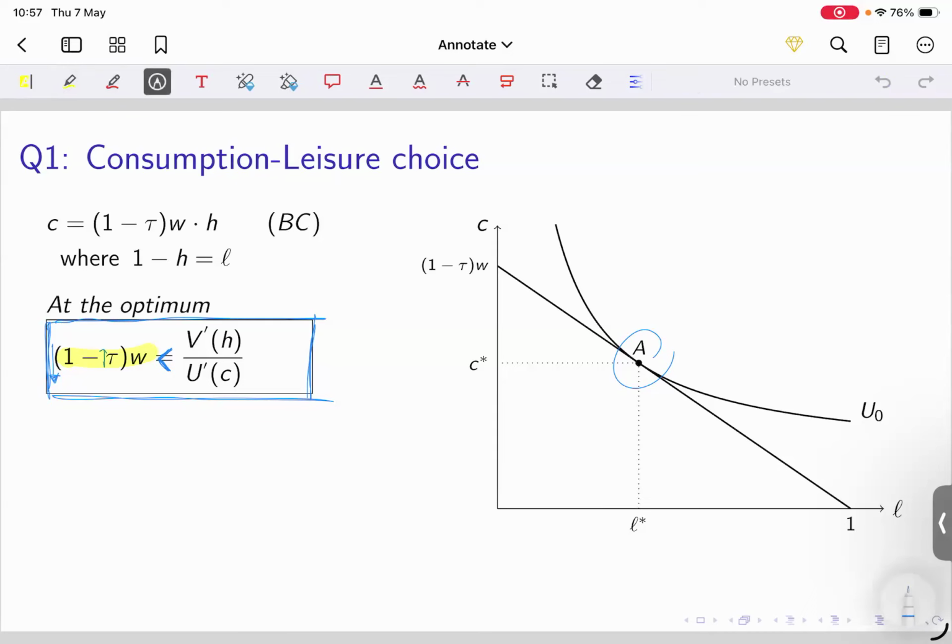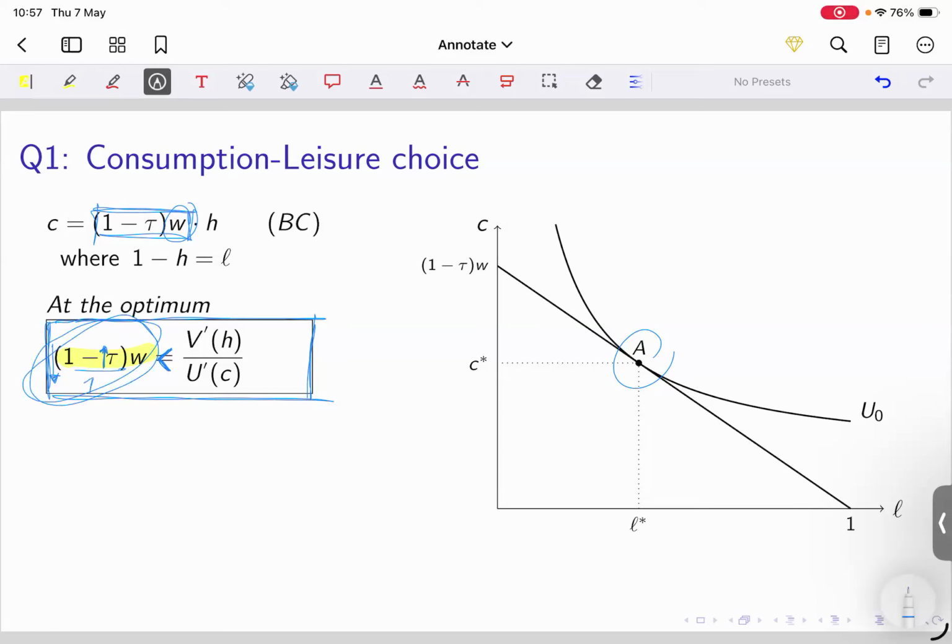I'm earning a wage W less, but in my bank account this shows up as 1 minus tau W. So now the opportunity cost of staying at home is lower, which means leisure is relatively cheaper compared to consumption. This is the ratio of the prices.